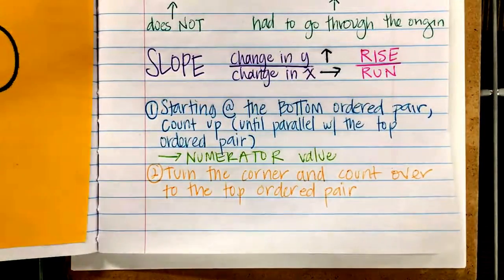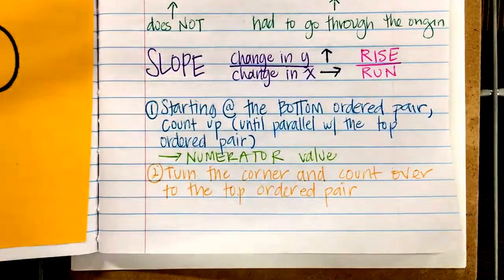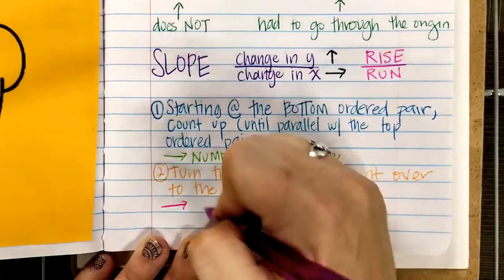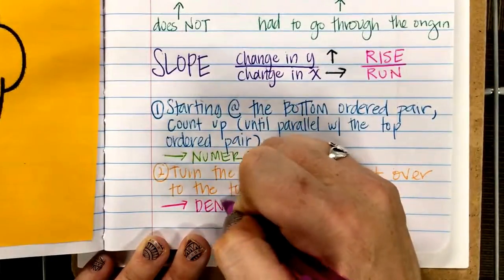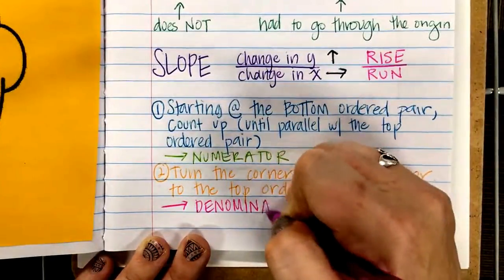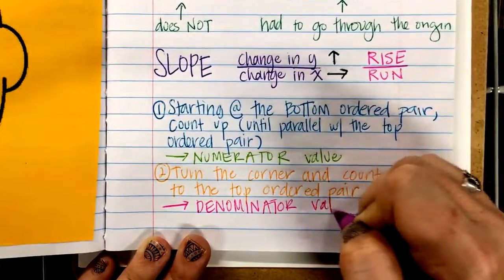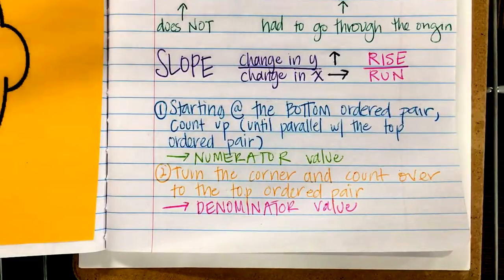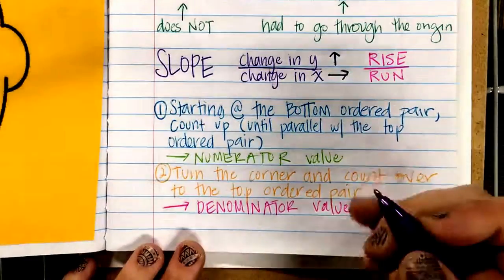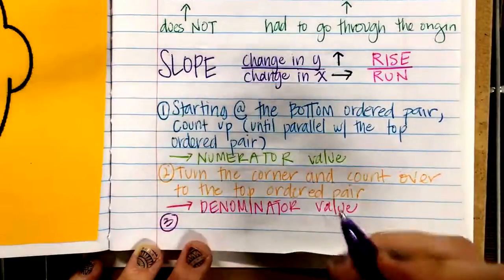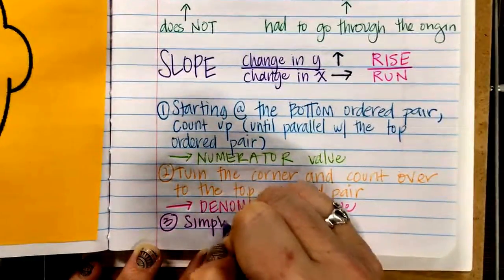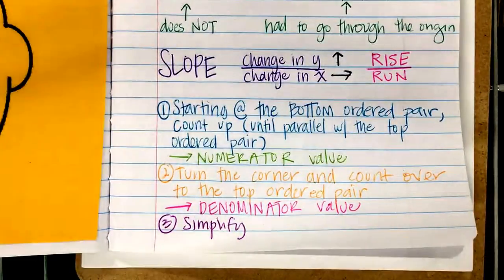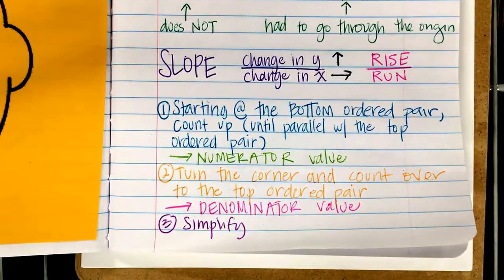When you're counting over, what's that signify? The x, because over is horizontal. This is your denominator. And step 3 is to simplify.